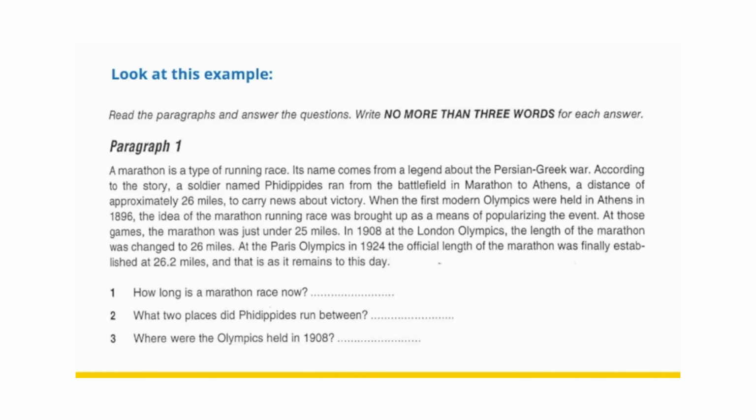All you have to do is read your questions first, then identify what kind of information you need to find, then go back to your passage and find specific information that represents a number, place, or maybe location. But also make sure you pay attention to the words, for example in question 3, 1908.